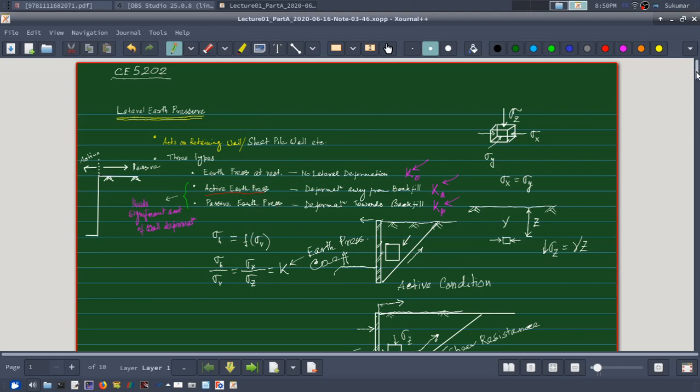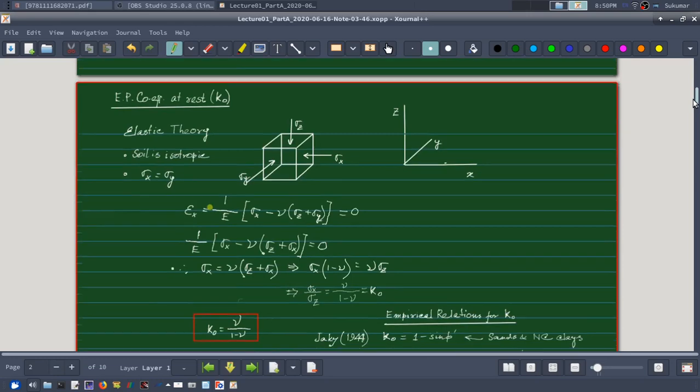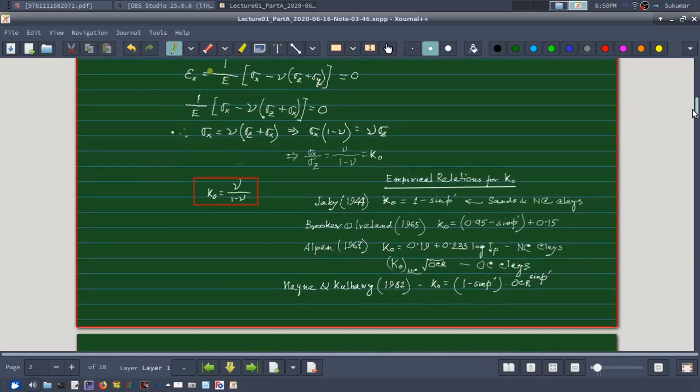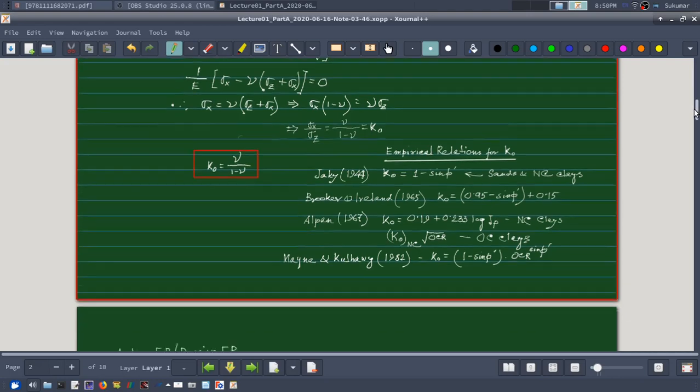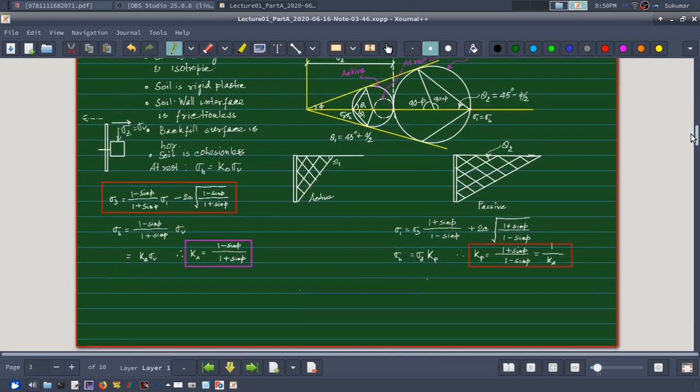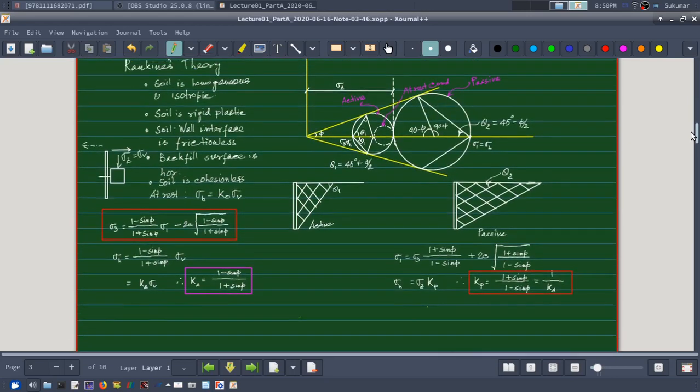And we also studied Rankine's theory of earth pressure, and we got the expressions for the coefficient of earth pressure at rest, then the coefficient of active earth pressure, and the coefficient of passive earth pressure.